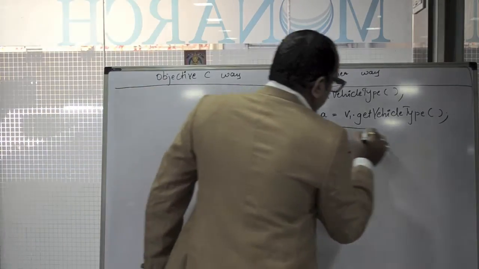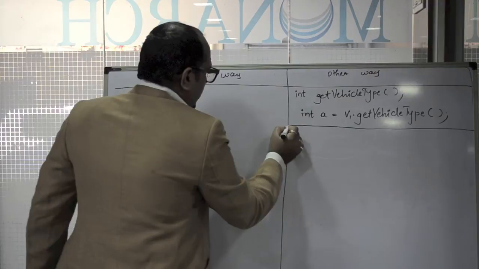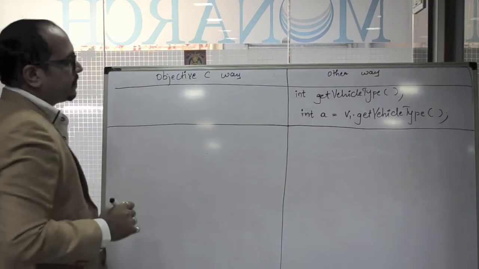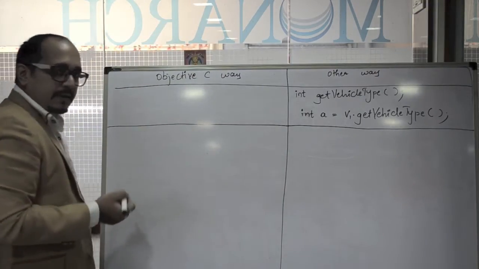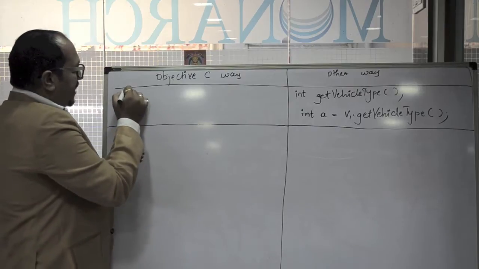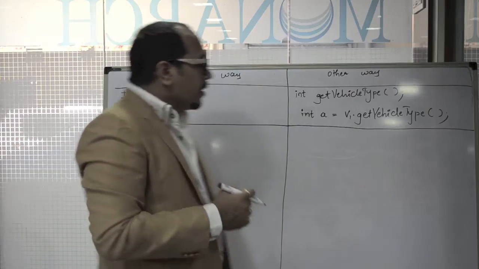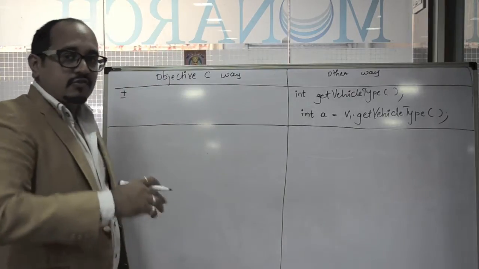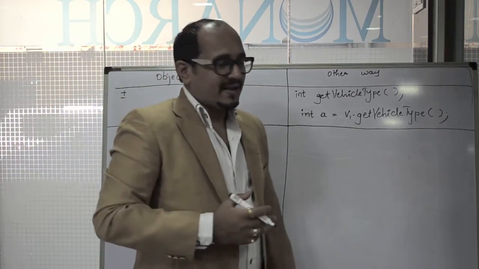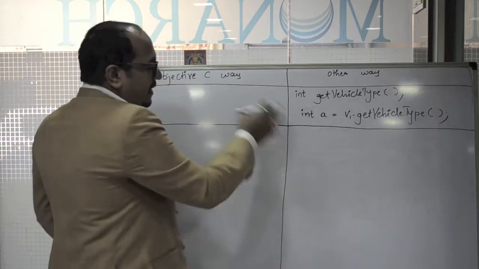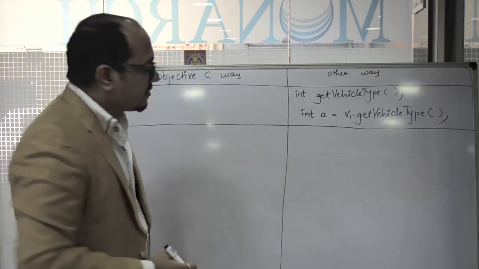Now we are going to see the corresponding syntax in Objective-C. In Objective-C, every function is preceded by a plus or minus sign. Either a plus or minus sign needs to be there. The significance of the plus and minus sign we will see later, after we complete the syntax session.